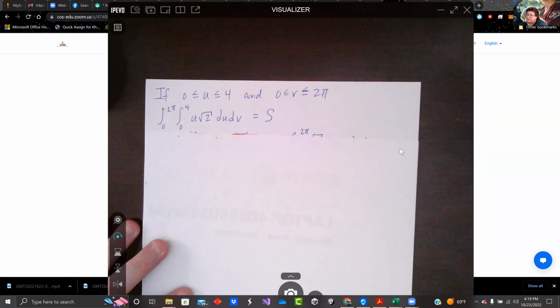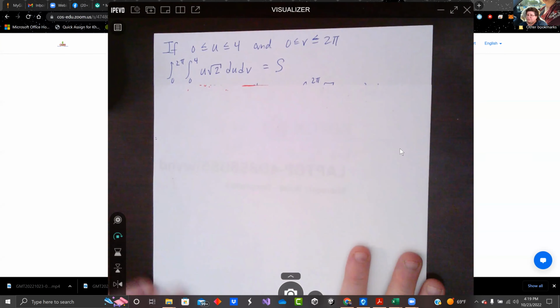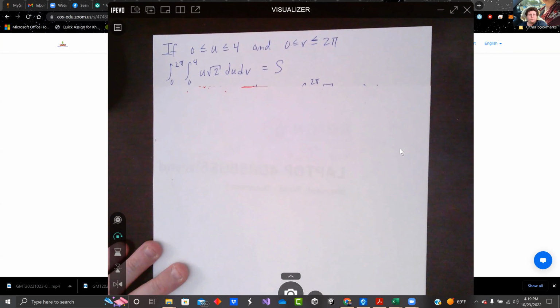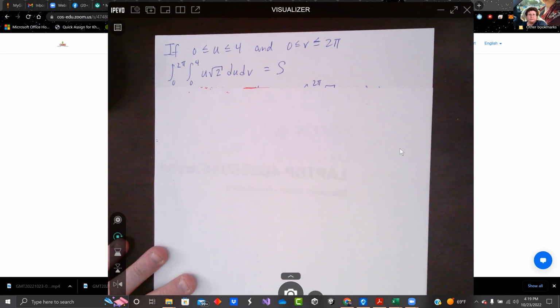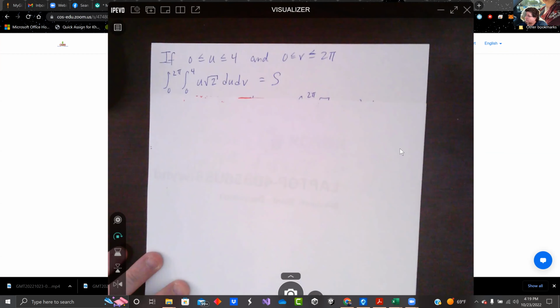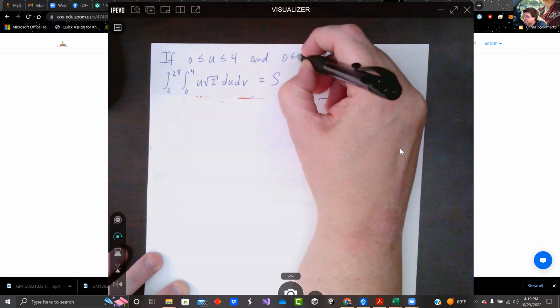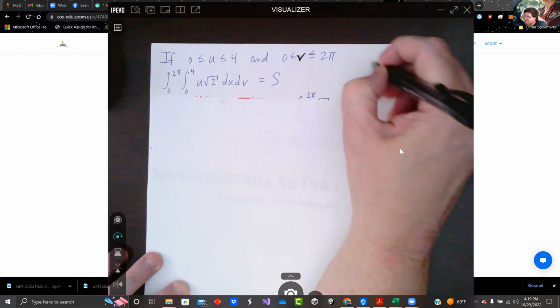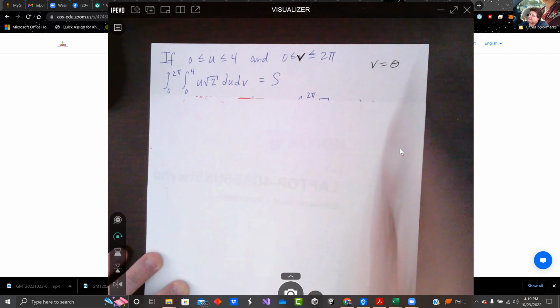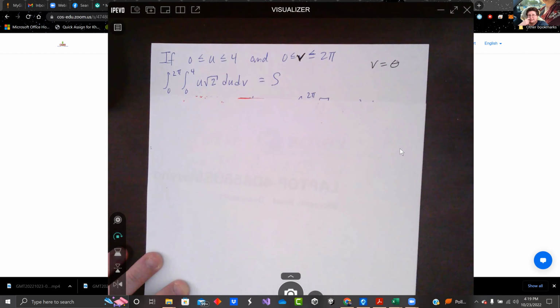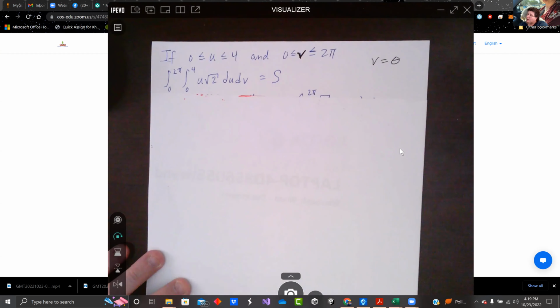And we've got 0 to 2 pi, 0 to 4 of u square root of 2 du dv. I said r, that's v. v was the angle. v is effectively the theta along that curve along the y-axis.